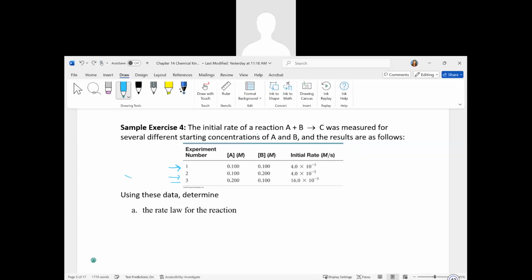When we write a rate law, remember we would have this form, where whatever the exponent is tells us the order with respect to that reactant, in this case A and B. If we wanted to find the order with respect to reactant B, we could choose reactions 2 and 1, because in those reactions we hold A constant.